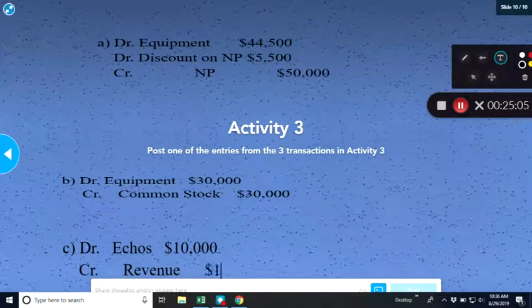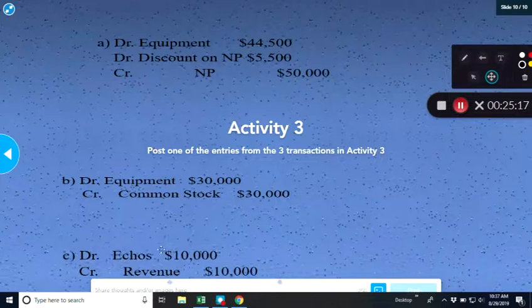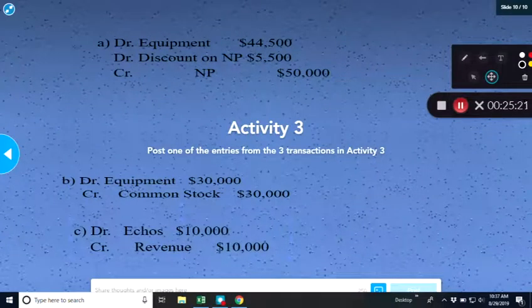You'd probably call it donated asset revenue or some miscellaneous revenue. It doesn't happen every day. You don't run your business hoping people just give you assets. But there you go, there are the entries for activity 3.